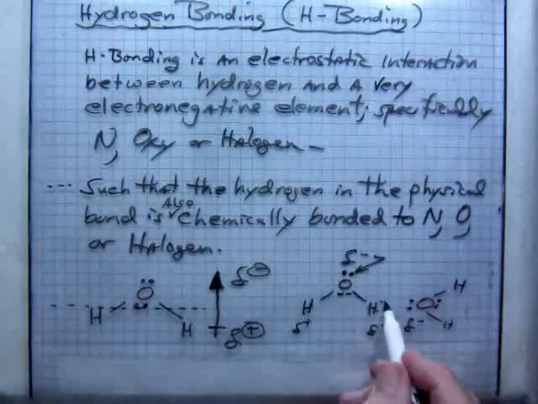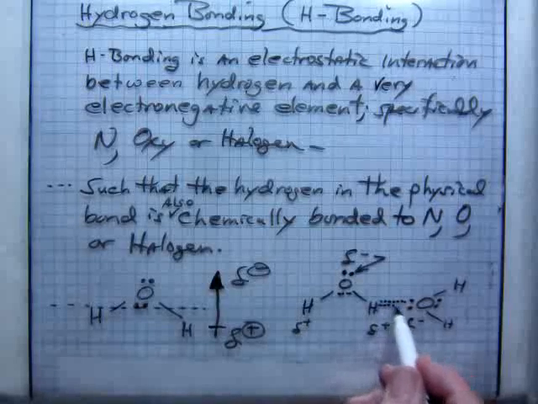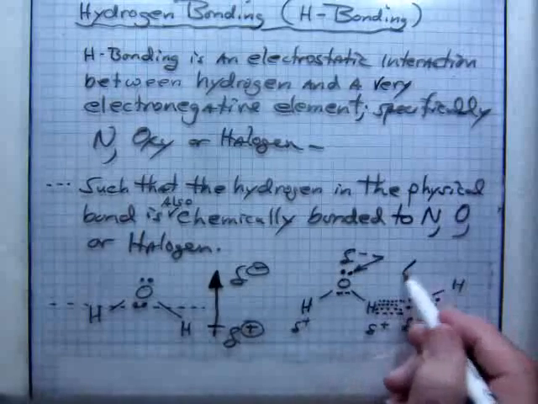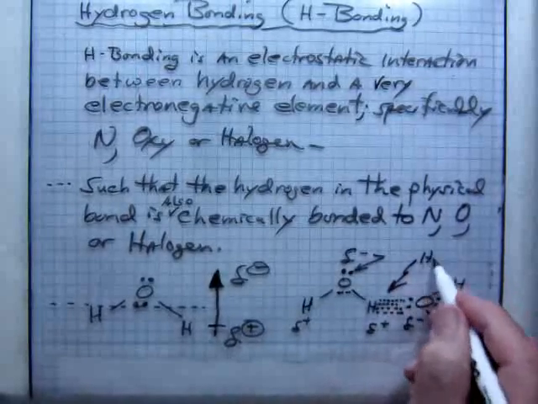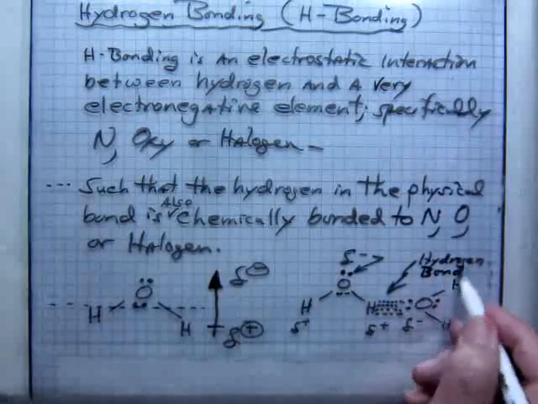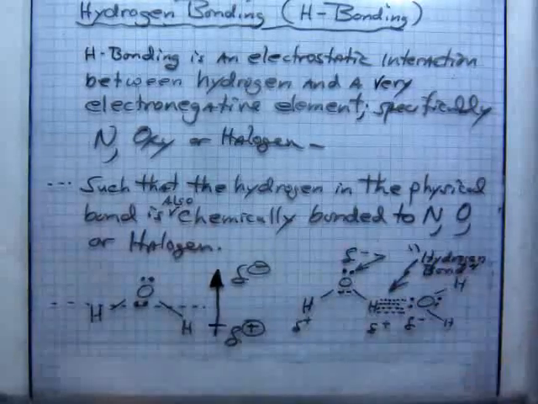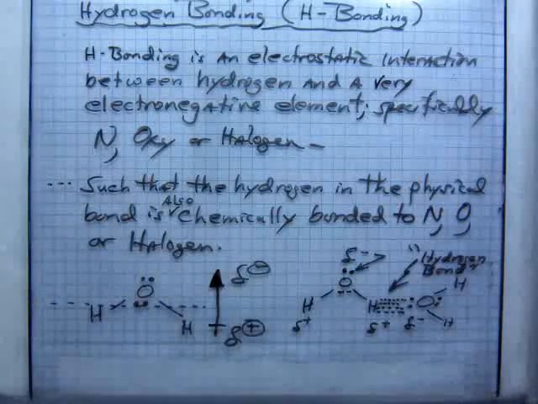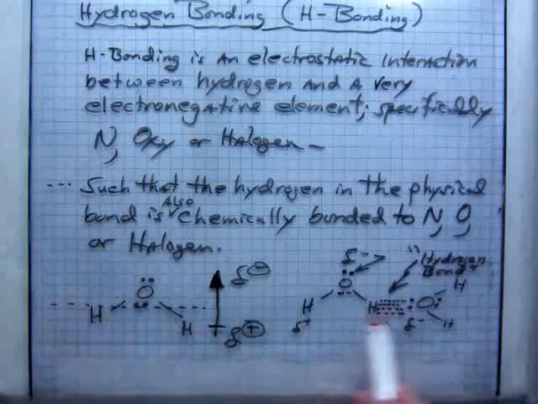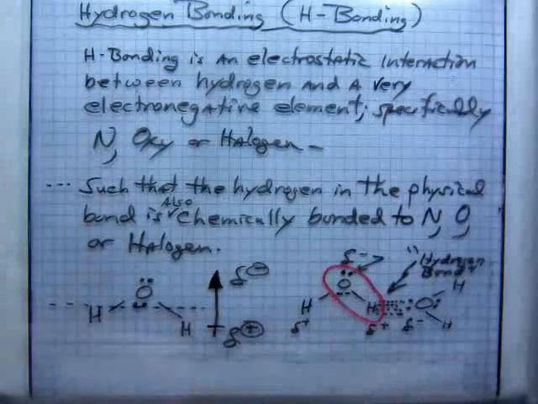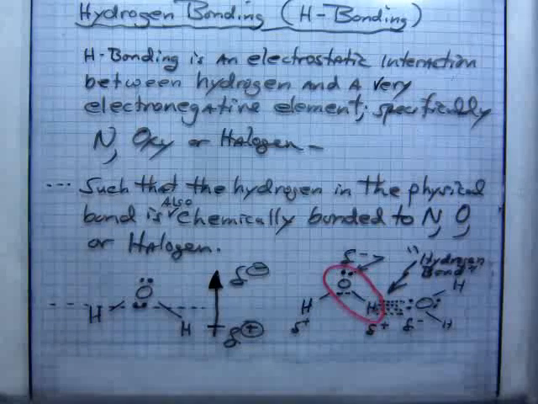And I'll put little dotted lines like this, which is the electrostatic interaction. And this represents the hydrogen bond. But one other requirement is needed in that structure. This hydrogen that's in the bond itself must also be chemically bonded to oxygen, nitrogen, or a halogen.